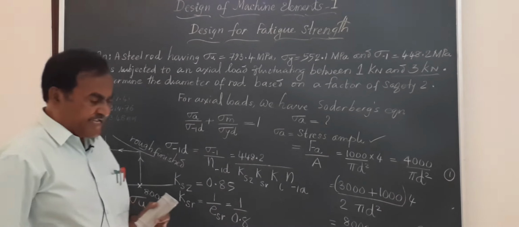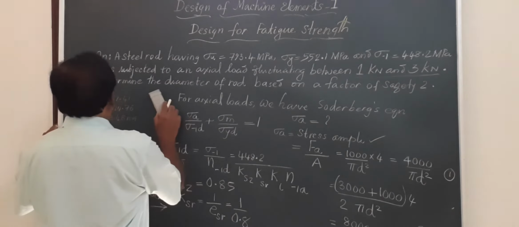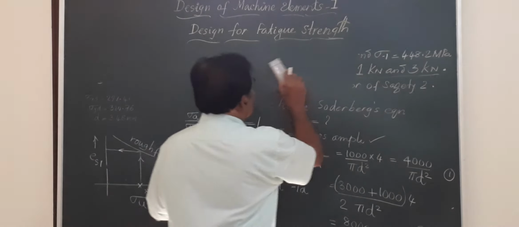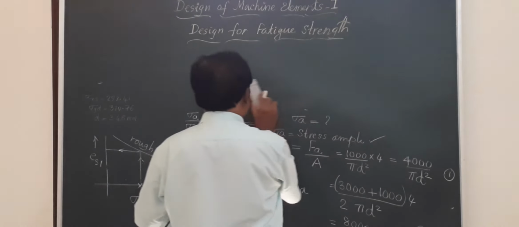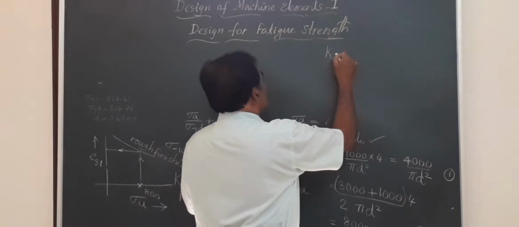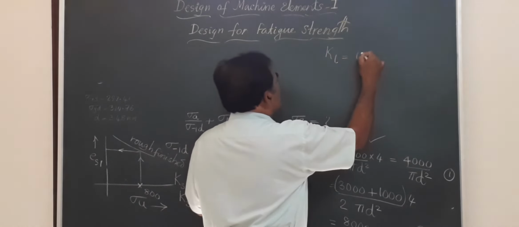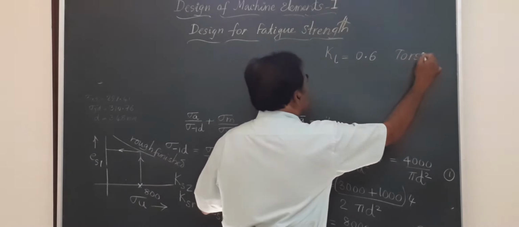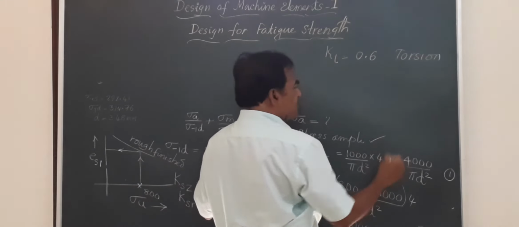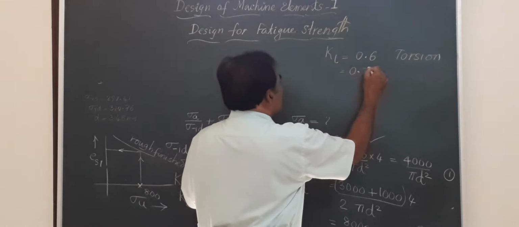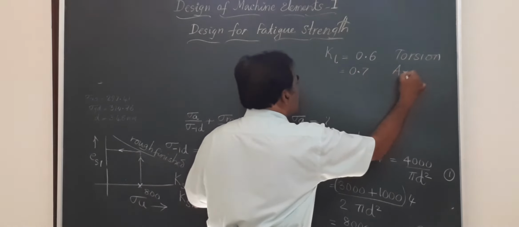Then comes KL. KL stands for the correction factor for load. So here friends, this KL, the load factor, you have to remember, is equal to 0.6 for the case of torsion. So if you are considering a problem on torsion, you should take 0.6. It is equal to 0.7 for axial loads.